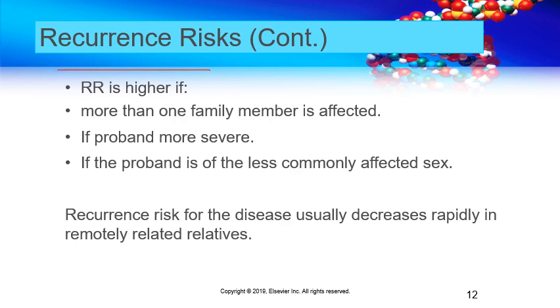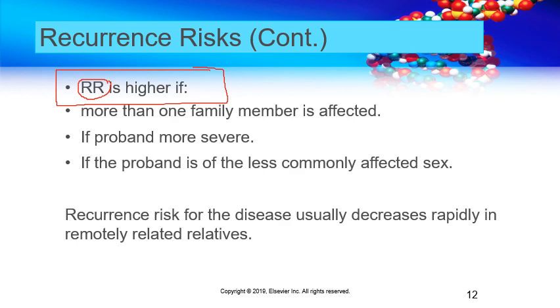All right, so some things to remember about the recurrence risk, and these will be written out. That's not very nice of me to put RR on there when we've got relative risk as well. But the recurrence risk is higher if more than one family member is affected.